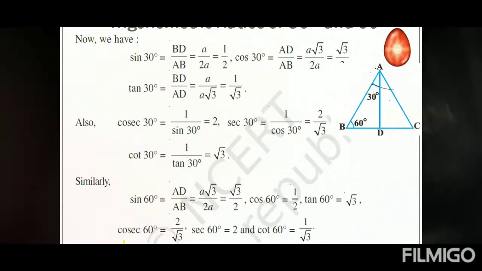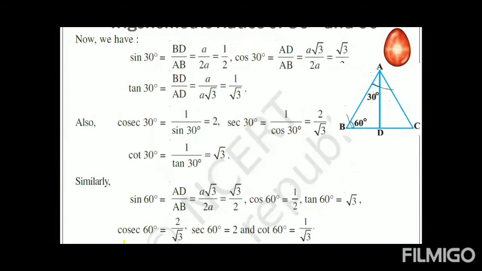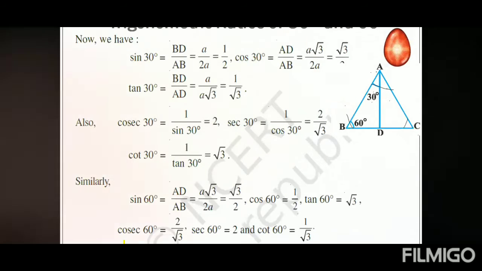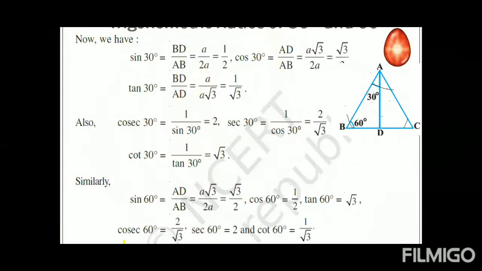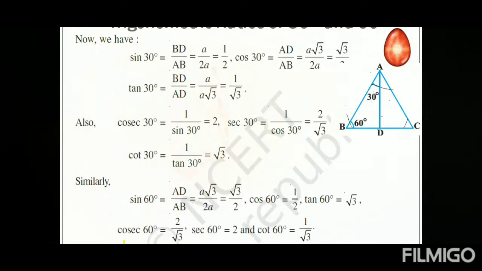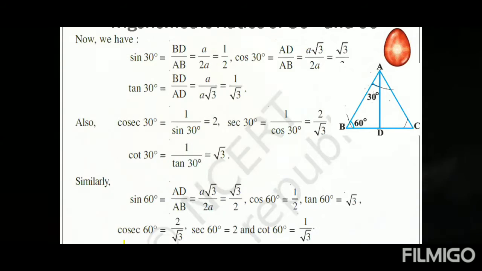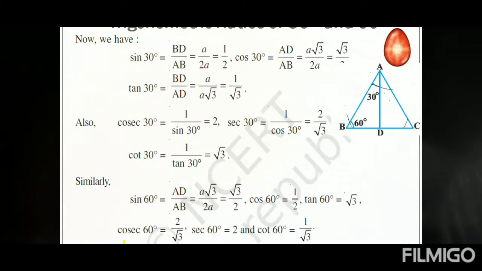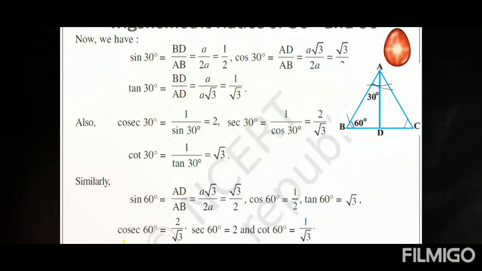When you see triangles ABD and ADC, angle B equals angle C. Side AC equals AB, and AD is common. So by using the SAS congruence, you can prove that triangle ABD is congruent to triangle ACD. So by CPCT, angle BAD equals angle DAC.